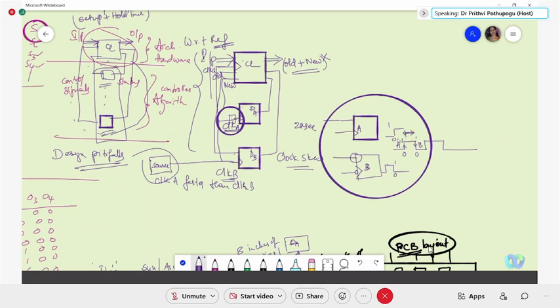And in this duration, the outputs defined will be for the old value of B and the new value of A. Yes or no? Inputs are same.